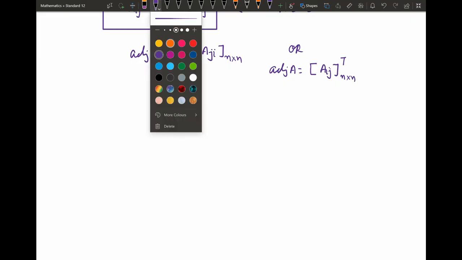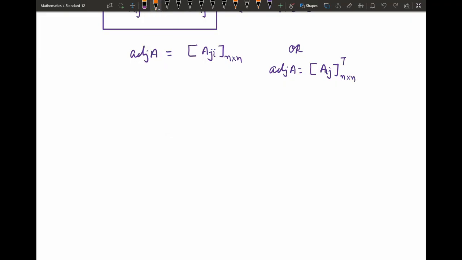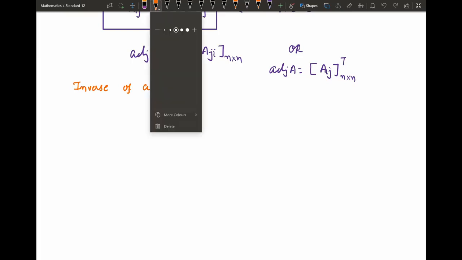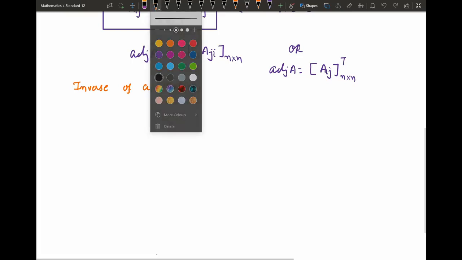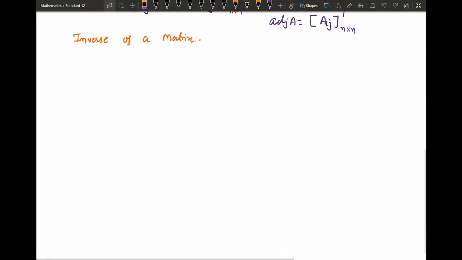Now we define the inverse of a matrix, and we will discuss basic results. So first we define the inverse of a matrix.